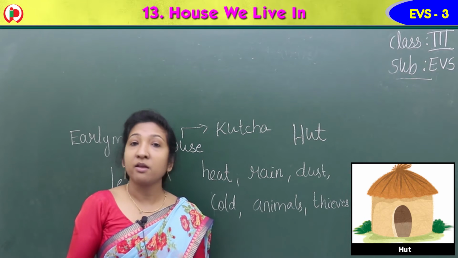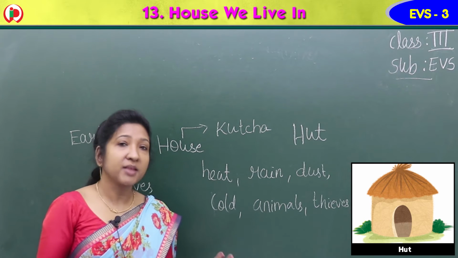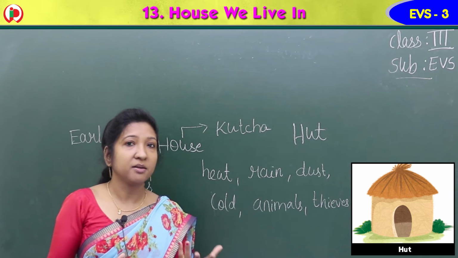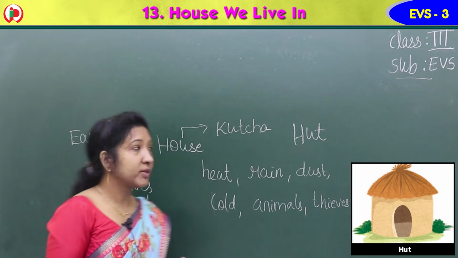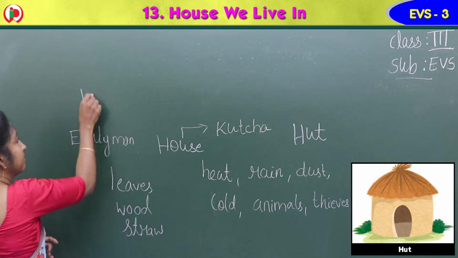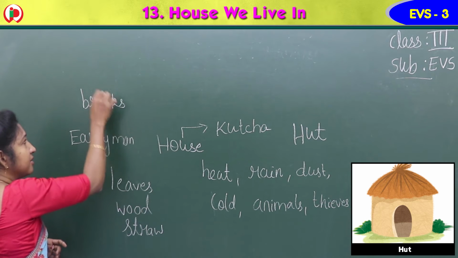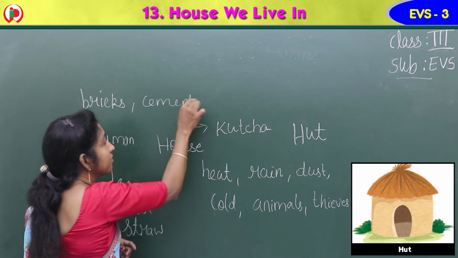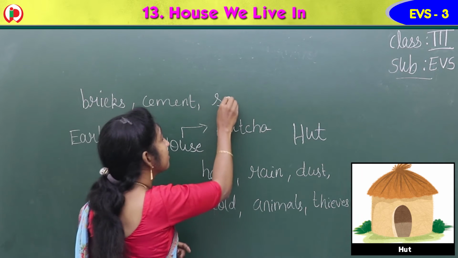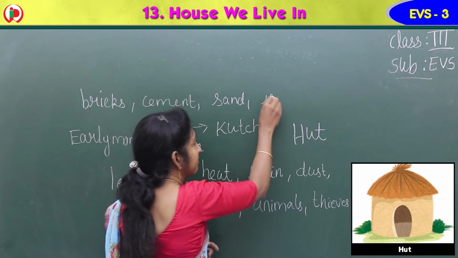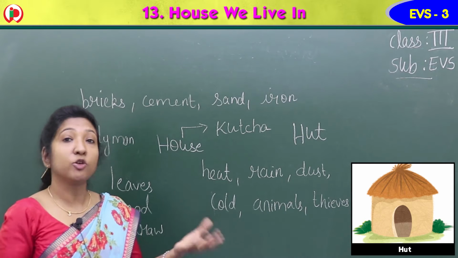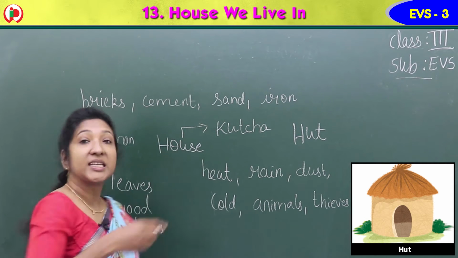Then what happened? After some years, slowly, people started making houses using bricks, cement, sand, iron. People came to know how to make houses using these materials.